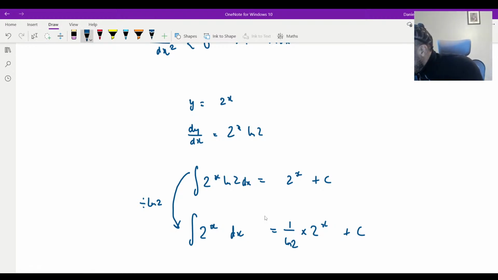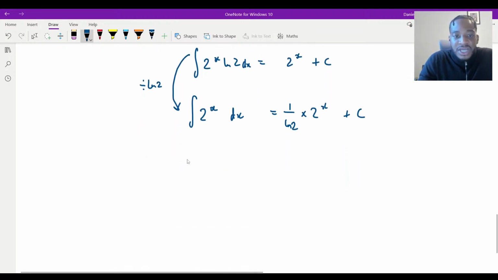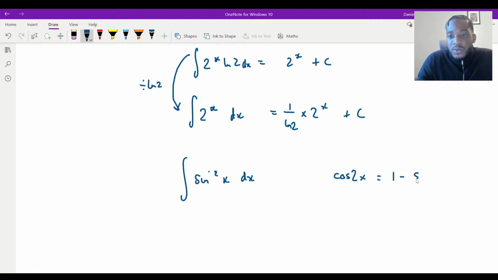What is the integral of sine squared 2x? Oh, that's another one to be fair. If you need to integrate sine squared, then what you've got to use is the double angle formula. So for example, cos 2x is 1 minus 2 sine squared x.